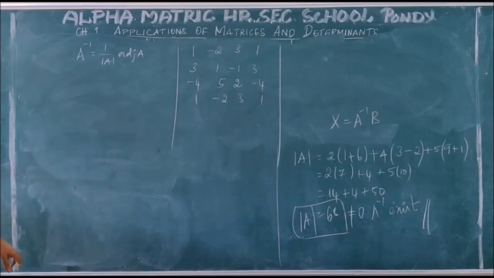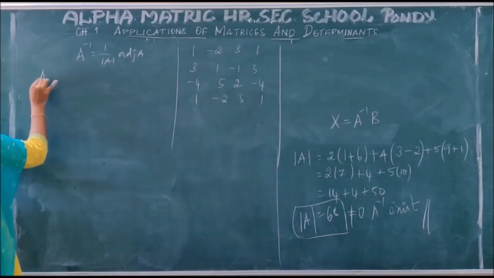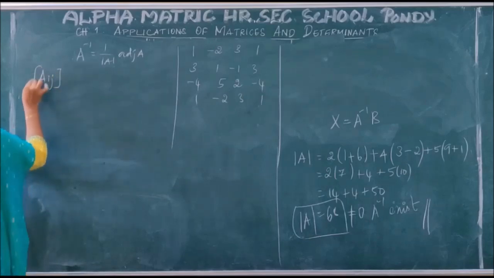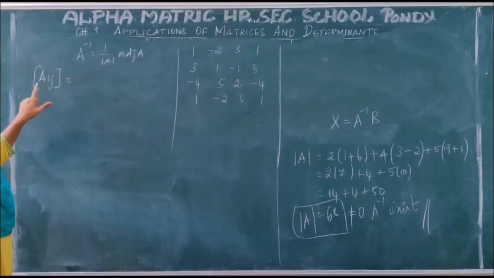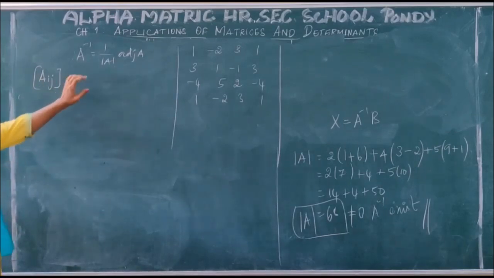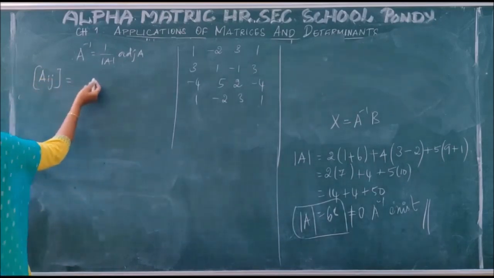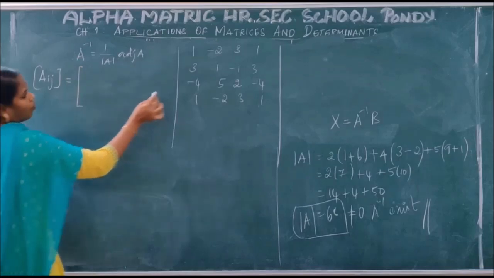Okay. So now we are going to find the adjoint. So for that, we are going to find the cofactor matrix. You have to write it as Aij for cofactor matrix, and you should not write cofactor matrix. Just it has to be mentioned as Aij. Okay. So Aij is equal to what?